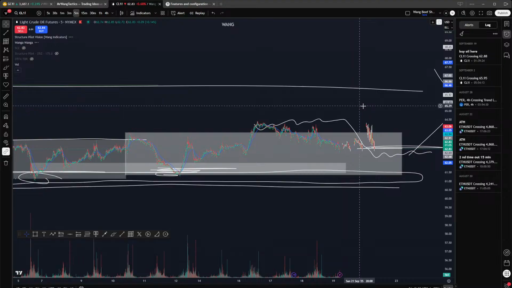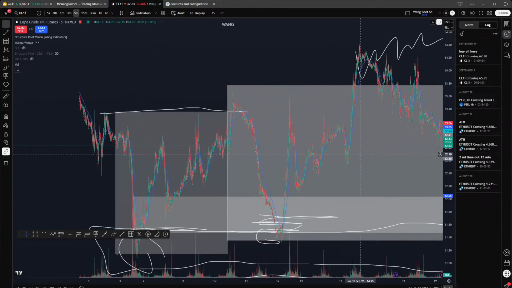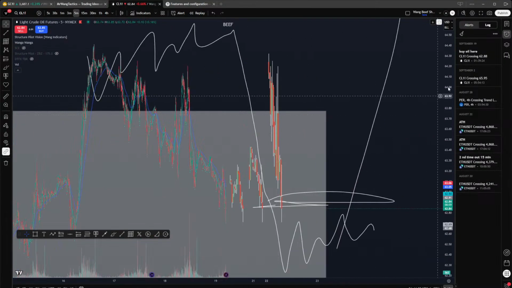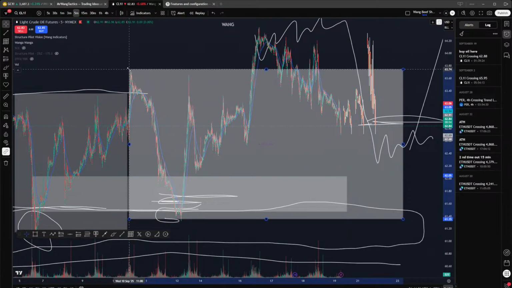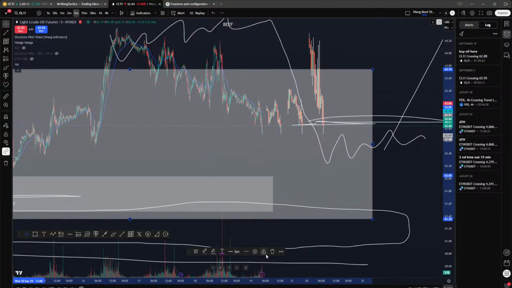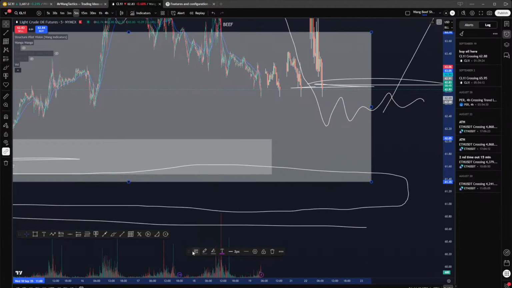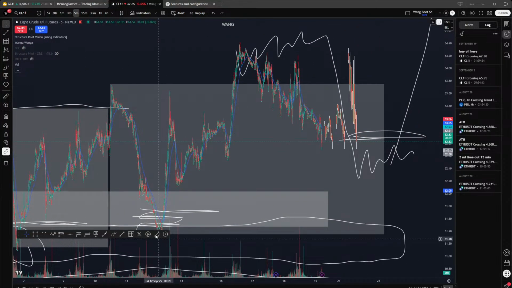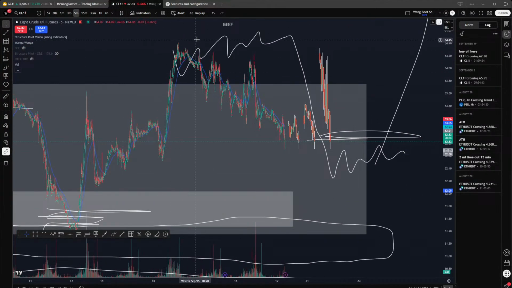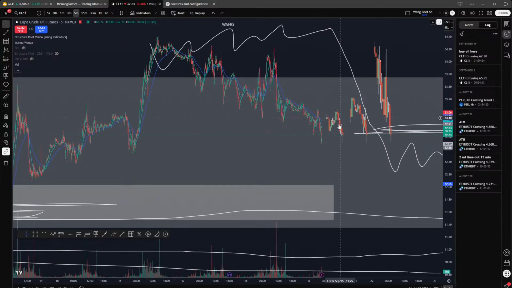As for now, when we zoom in a little bit, we can see a counter swing coming into our zone, and then scout for some strength coming in.